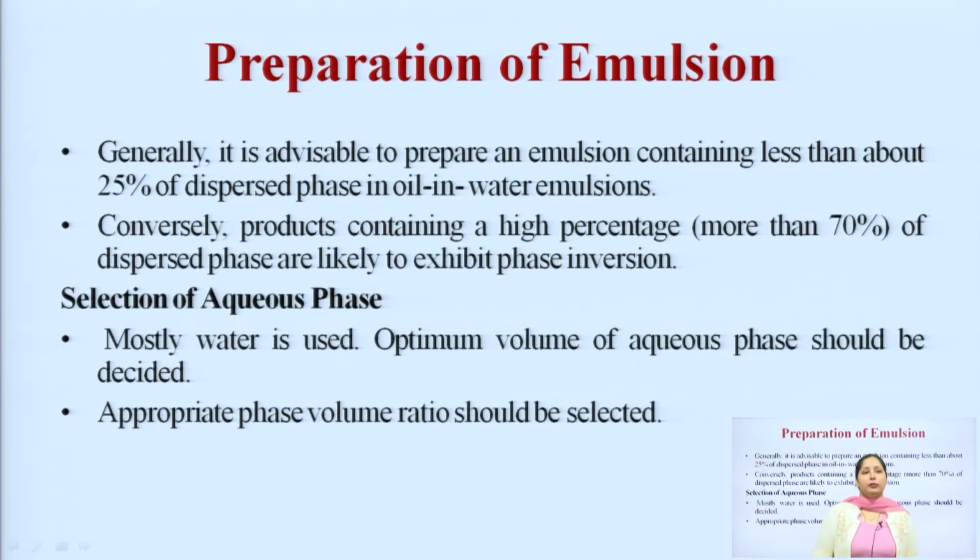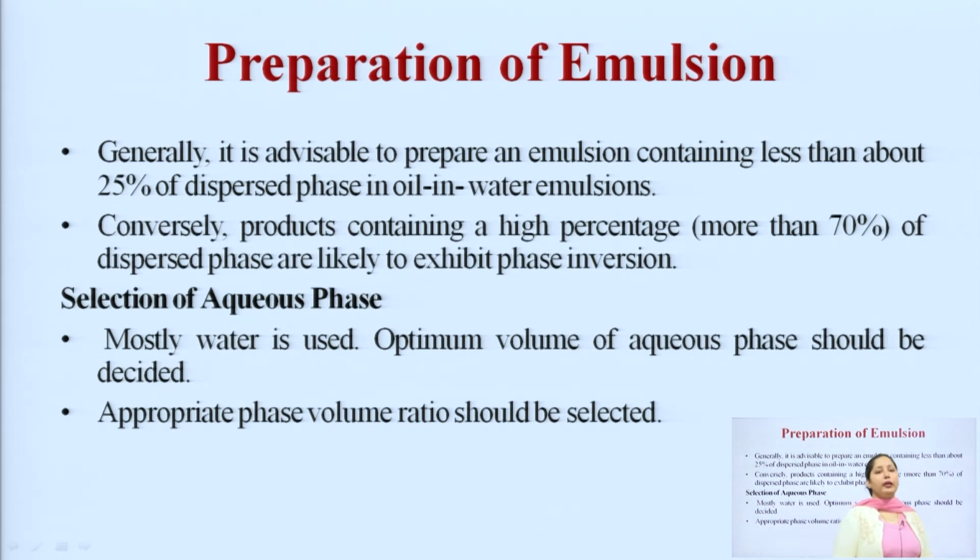Generally, it is advisable to prepare an oil in water emulsion containing less than about 25% of the dispersed phase. Conversely, products containing a high percentage, more than 70%, of the dispersed phase are likely to exhibit phase inversion.